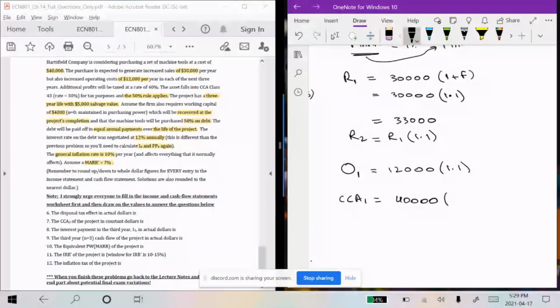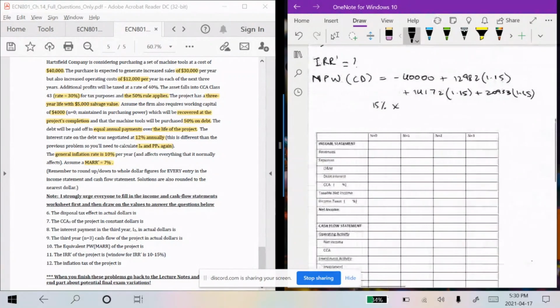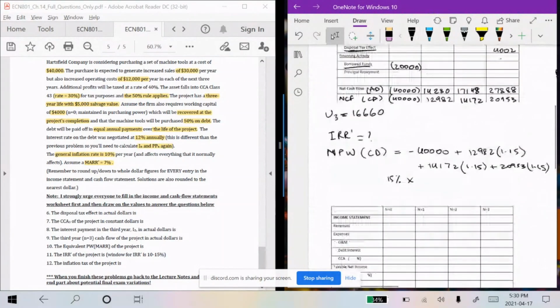CCA 1 is 40,000 times 0.15, because the 50% rule applies. The CCA rate is 30% here, but in the first period it's 40,000 times 0.15 because of the 50% rule. You get 6,000.